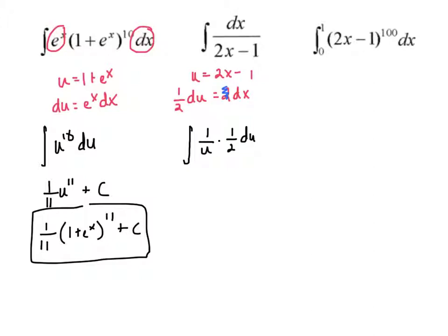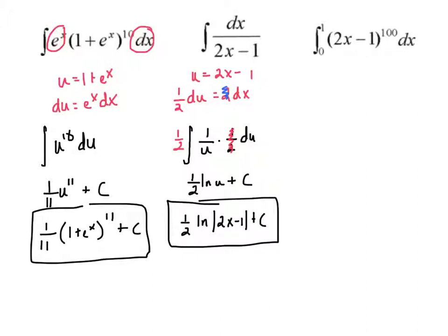I'll bring the 1/2 up front. The antiderivative of 1 over u is natural log, so it's 1/2 natural log of u plus c. I'll replace the u, like that. And there's my answer.